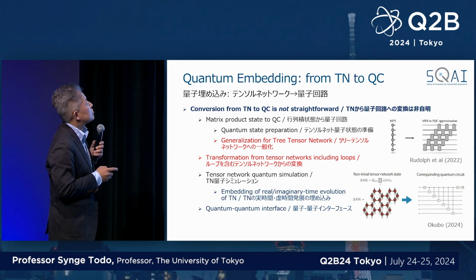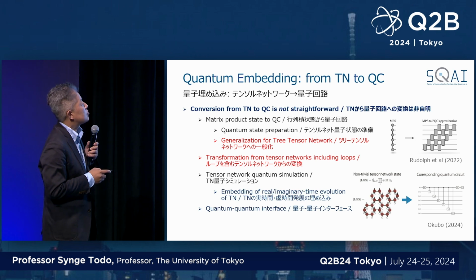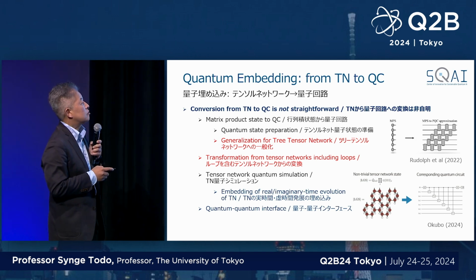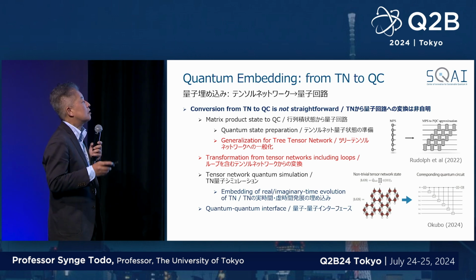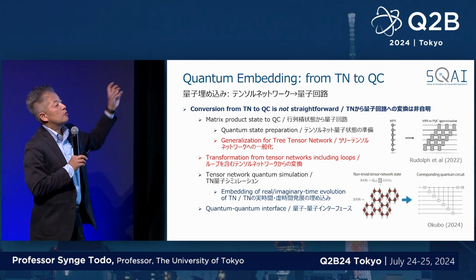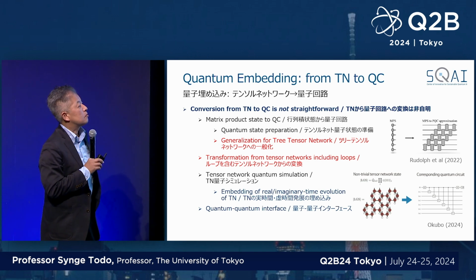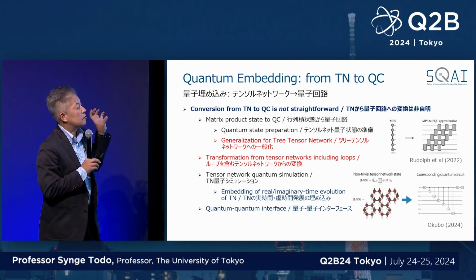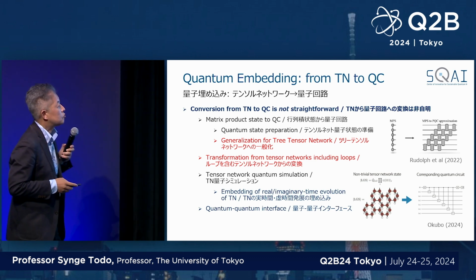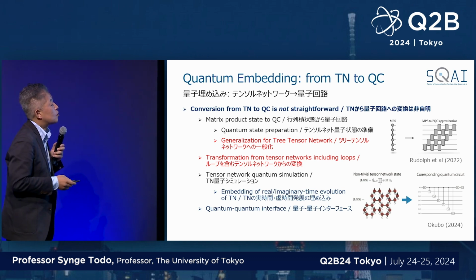And tensor network quantum simulation. In this area, we are thinking about real-time and imaginary-time evolution represented by a tensor network, and then with that representation in use, we would like to conduct time evolution on a quantum computer.